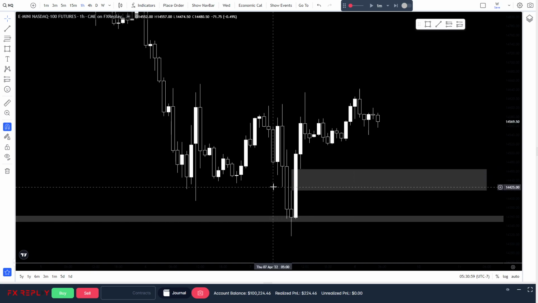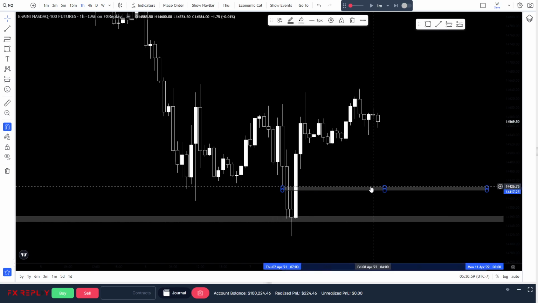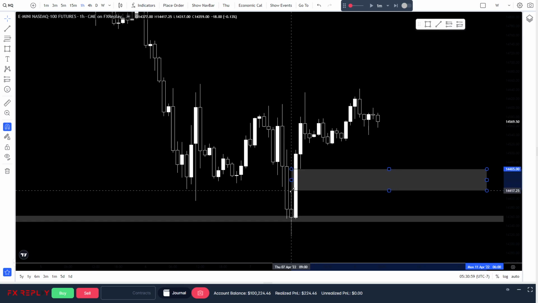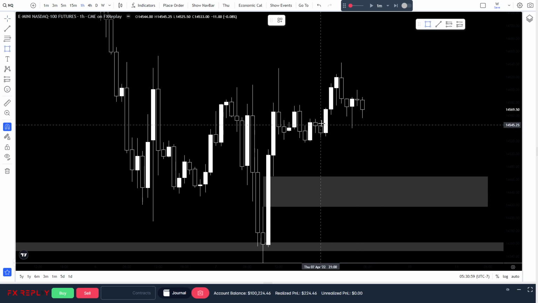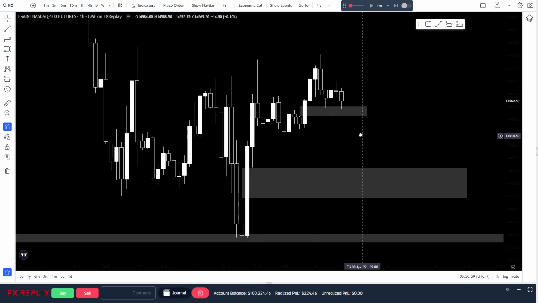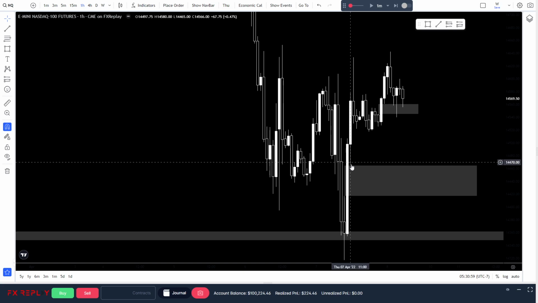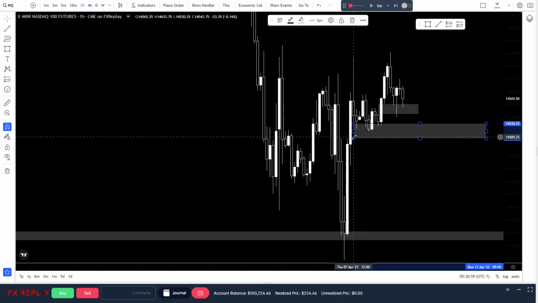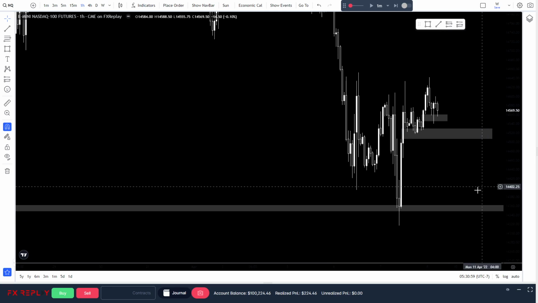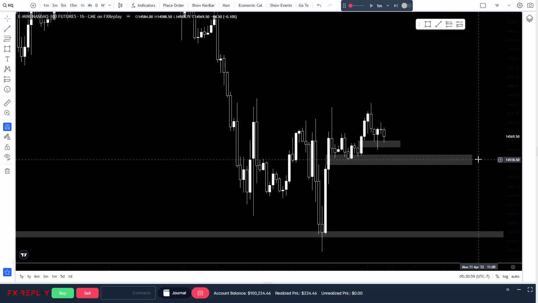It's a BPR. I know it's not a BPR. It is, but it's a very thin one. But yeah, so let's see. Potentially we get a long into there. But currently we are delivering from here. So if we inverse this to the downside, probably going to come down here. For now, I'm going to have this one marked out, though. Okay.